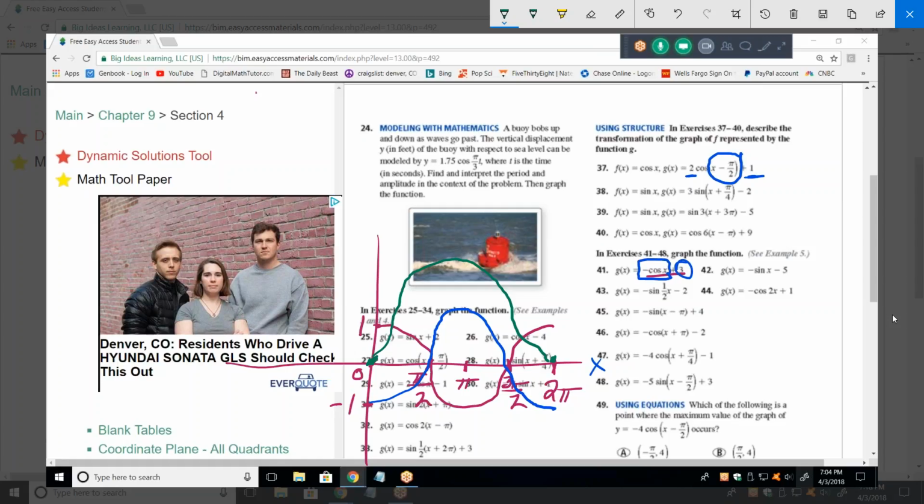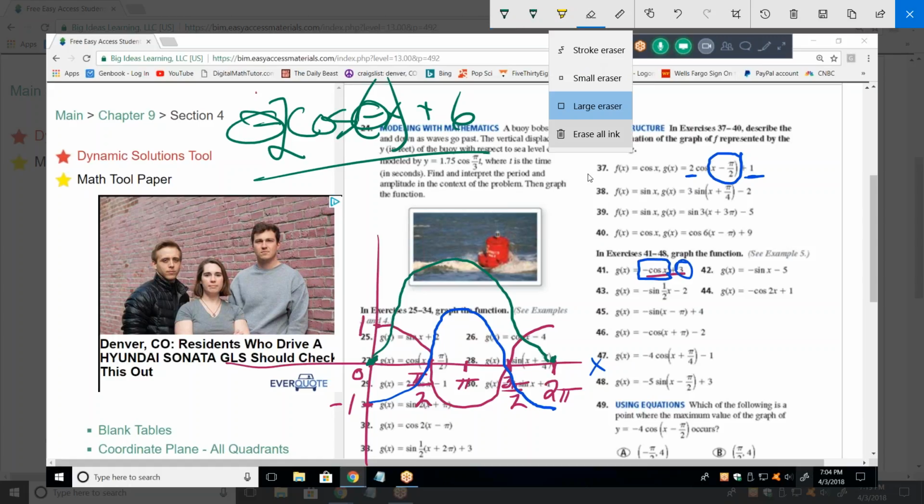So you always do all your negative signs first. Doesn't matter which order you do them in, but if I've got something that looks like this, negative cosine of negative x plus 6 times 2, I do that one and that one first and second. Then I do everything else, and it doesn't matter what order you do everything else. Just always make sure you do your reflections first.